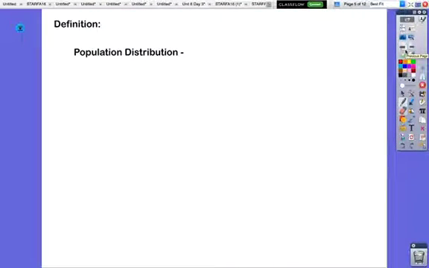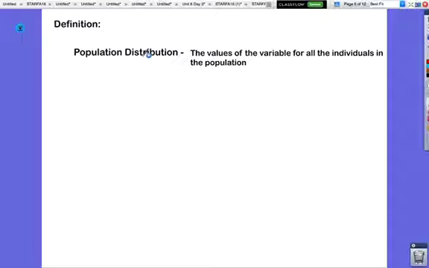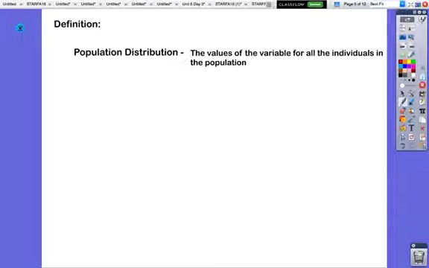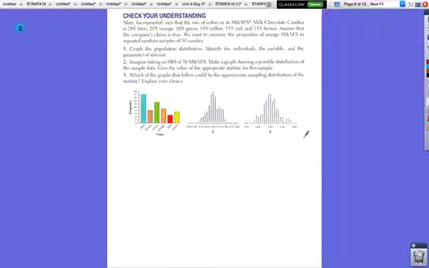So next we're going to talk about a population distribution. A population distribution is the values of the variable for all individuals in the population. We're going to look at an example having to do with, of course, M&Ms.